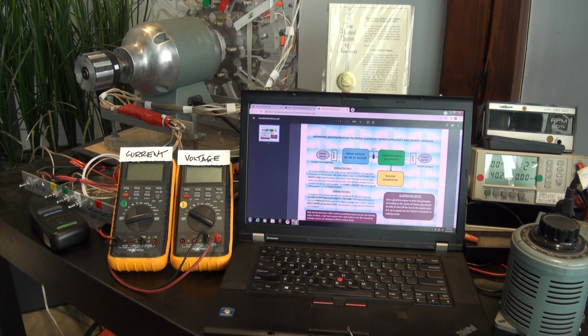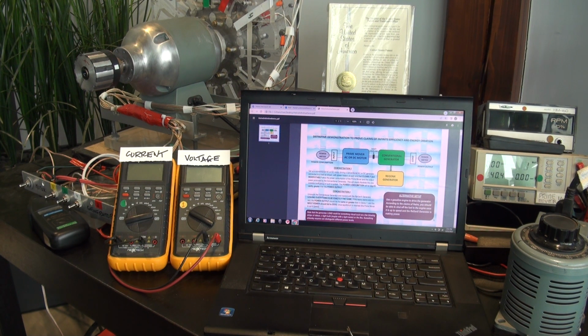And we're going to operate the prototype in ReGenX generator mode first, and then motor mode as well. And I've weighed the mass of the rotating components and measured the diameter of the generator's rotor.